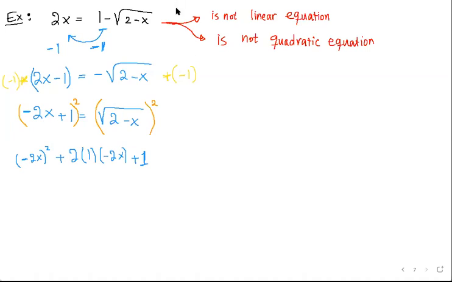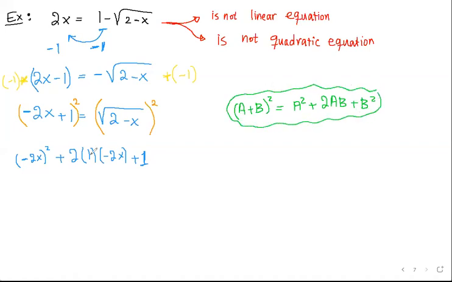Let me remind you what the property says: (a plus b) squared is equal to the first part squared plus 2 times the first part times the second part plus the second part squared. So this is what I did here.